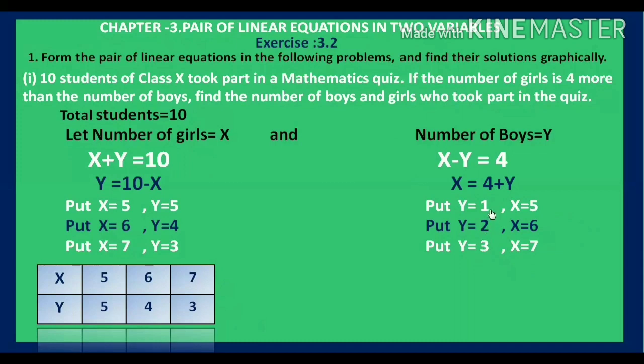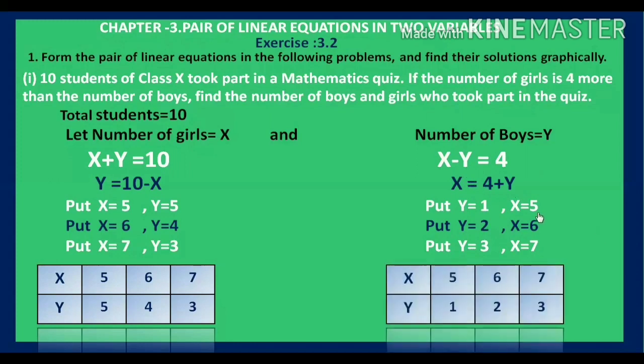So we obtain some points on the equation x minus y equals 4. Now put these points in a table: 5, 1; 6, 2; 7, 3. So we get 3 sets of points for both equations.